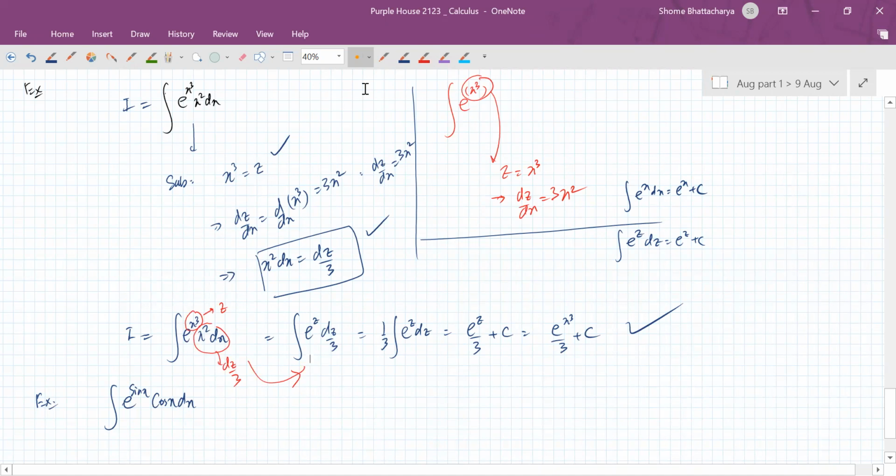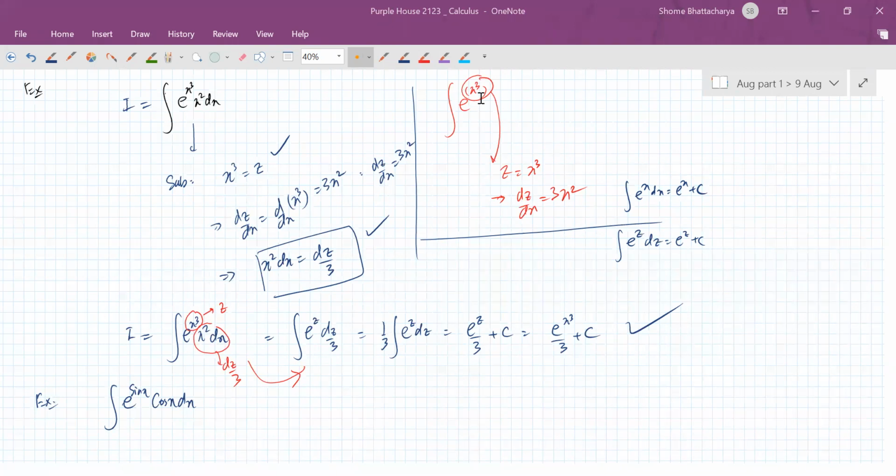Okay, now let me see how many of you have done the next question. Yes, correct. Sanvi, you have to resubstitute the z. Swam, your answer is correct. Very good. Veer, your answer is correct. Rishita is correct. Very good.